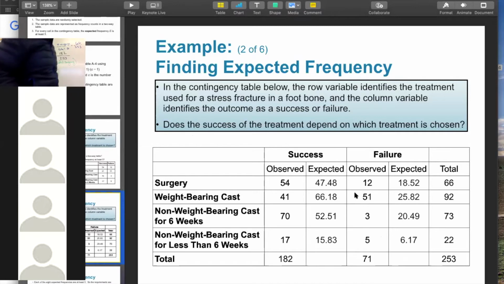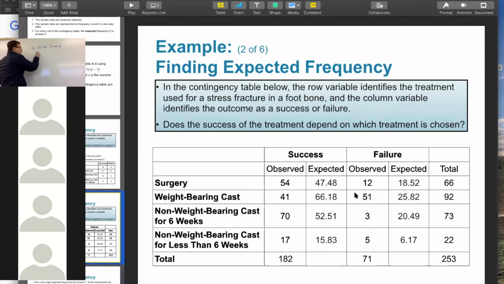So let me show you where these numbers come from. Take, for example, failed surgeries. If you look at the table, we can see that there were 12 failed surgeries.